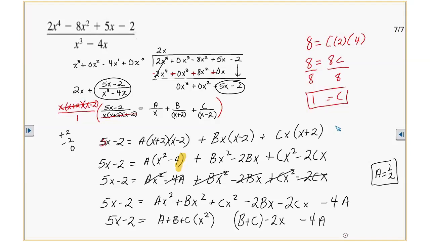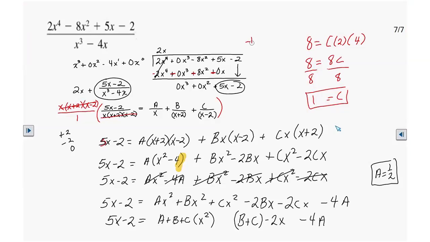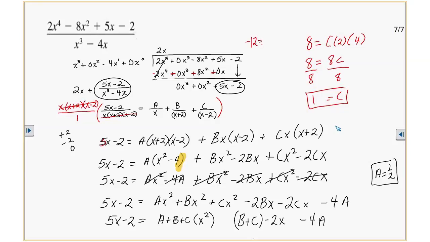And now let's do the negative 2. Negative 2 is going to take this one out, and we're going to take this one out. So now we can find B. Negative 2 will give us a negative 12 is equal to negative 2B times negative 4, which is going to be 8B. Is that right?